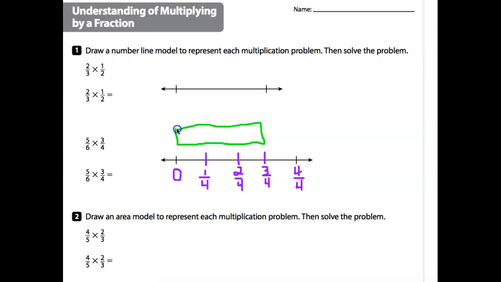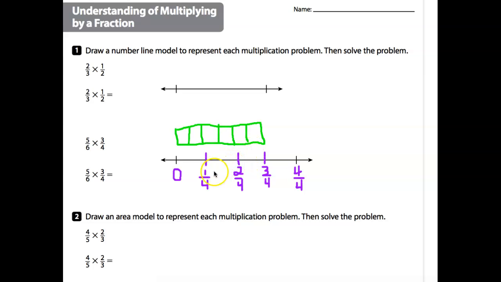Oh boy, that was not very neat, was it? And we're going to divide this into 6. So 1, 2, 3, 4, 5, 6. And we want to find out what number 5/6 is going to be at.